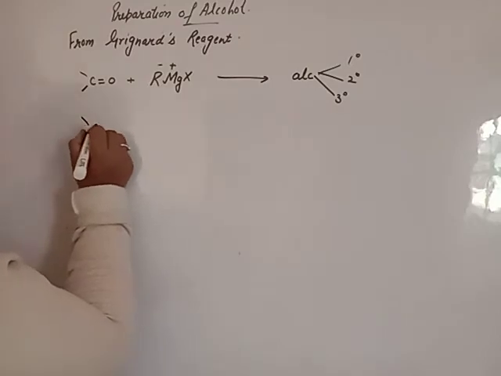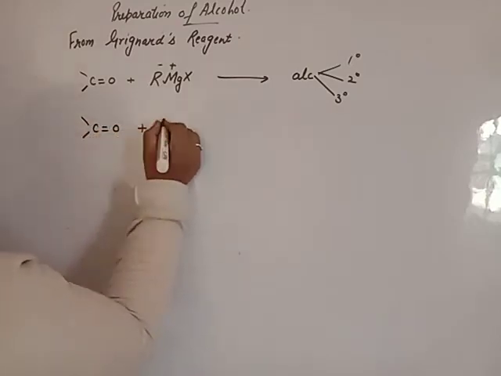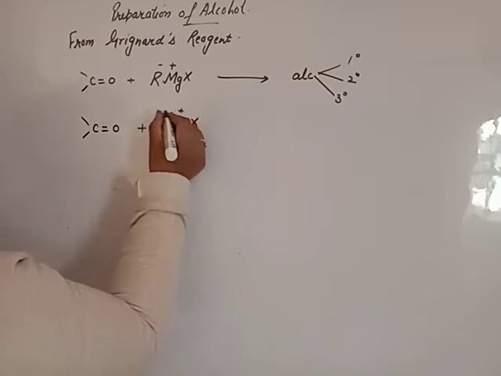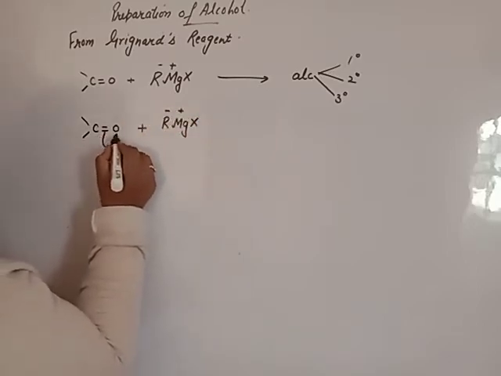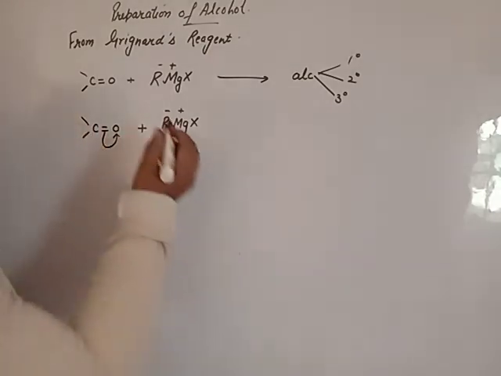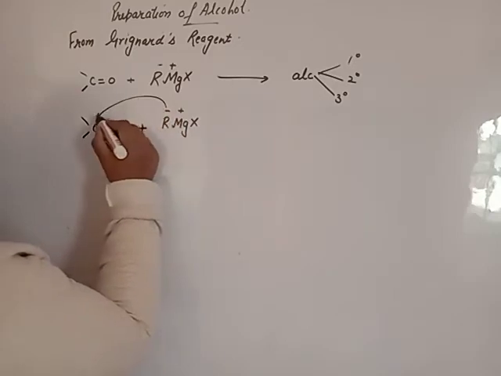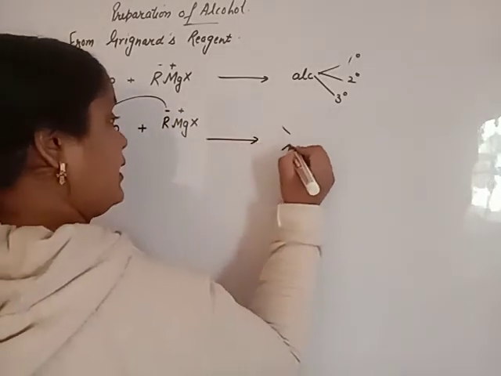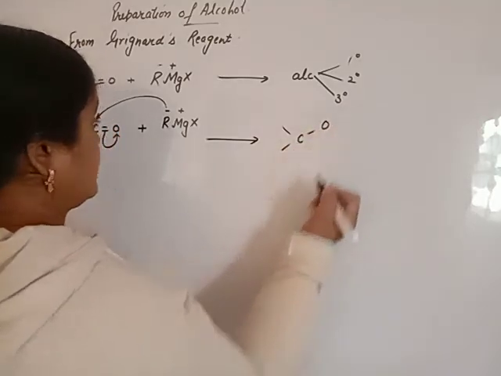Beta, you have a carbonyl group. Grignard reagent attacks the carbonyl group. Oxygen is more electronegative, so it attracts pi electrons towards itself, and carbon carries positive charge. This negatively charged alkyl group attacks the carbon and we get the addition product.